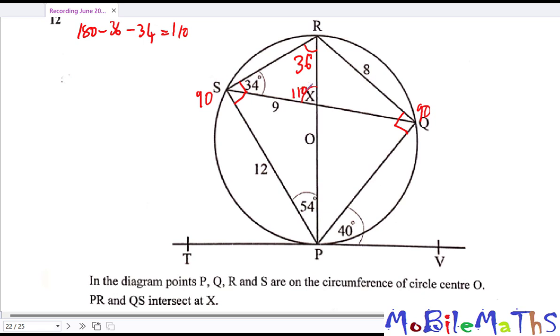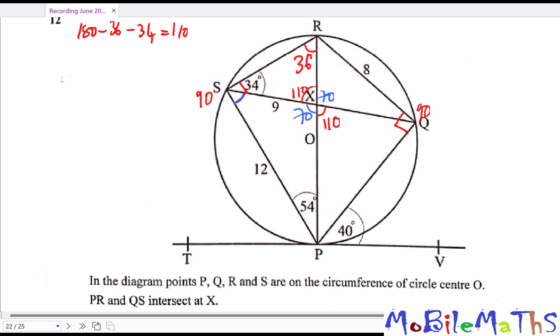So let's just write 110 here. The opposite is going to also be 110. Then using the idea of a straight line, I can work out these other angles and say 180 minus 110, I can get 70 here and also here 70. Okay, so we are filled up.